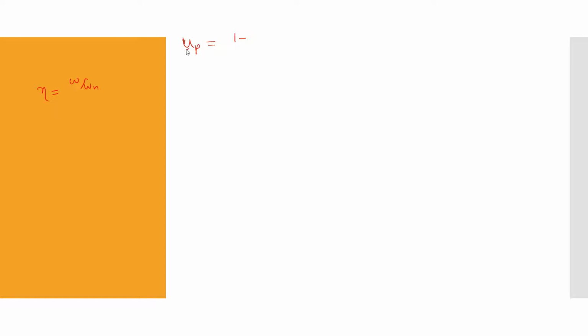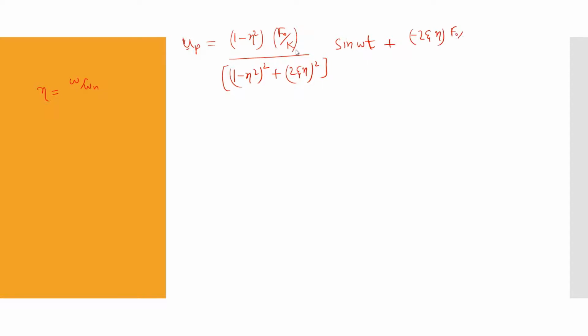So we can write it as 1 minus eta square into f naught upon, because k equals m omega n square, so it becomes f naught by k upon 1 minus eta square whole square plus 2 xi eta whole square, into sine of omega t, plus minus of 2 xi eta f naught by k upon 1 minus eta square whole square plus 2 xi eta whole square, into cos of omega t. So this is our particular solution.